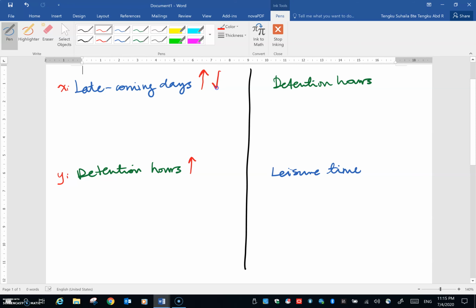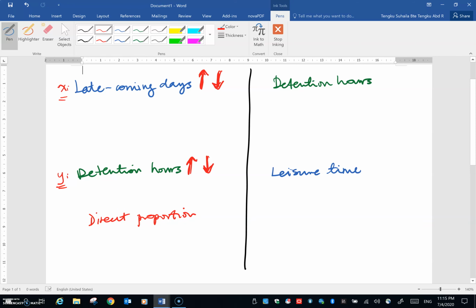The less late coming days you have, then the less detention hours you have to serve. Now, what kind of relationship does x and y have in this case? Okay, think about it. See, when x goes up, y goes up. When x goes down, then y also goes down. Okay, so this is direct proportion.